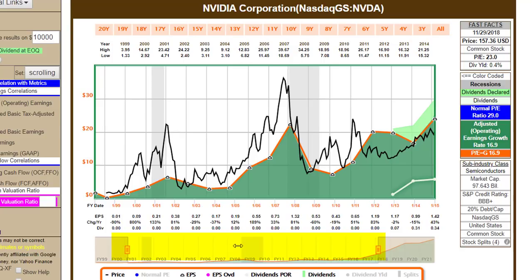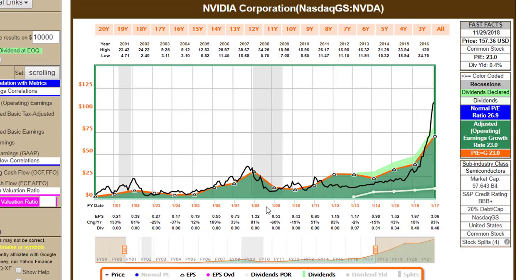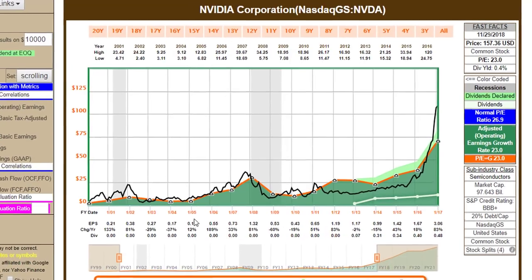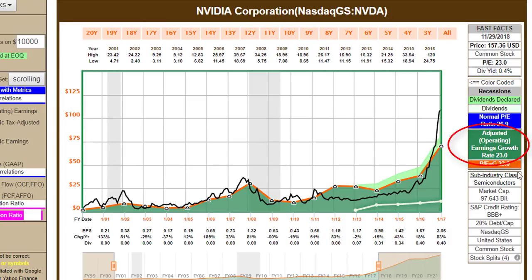Now, as I move this along a little further, we start to see a period of time where earnings growth was averaging about 23%, and we're using a P equals growth rate earnings valuation reference here, and we can see that the company's stock actually was valued at around that 23 PE over this time frame, but then it began to get pretty highly valued.